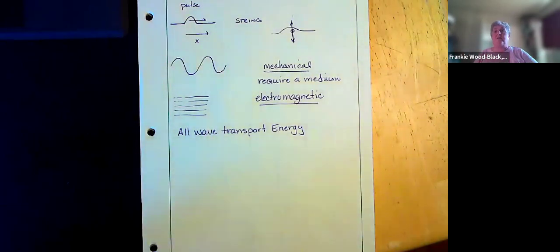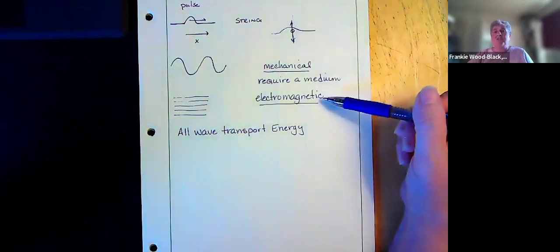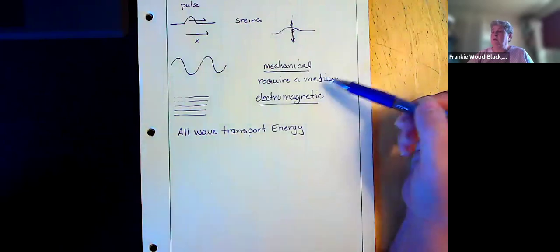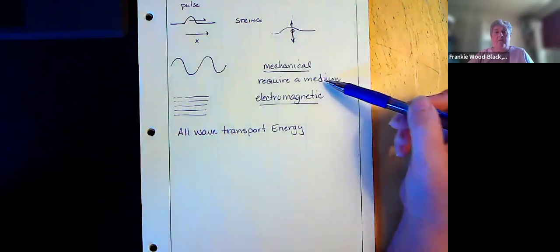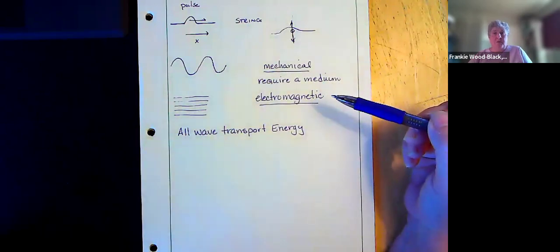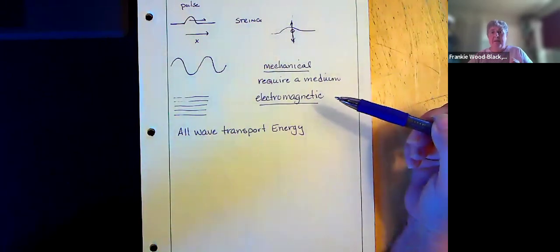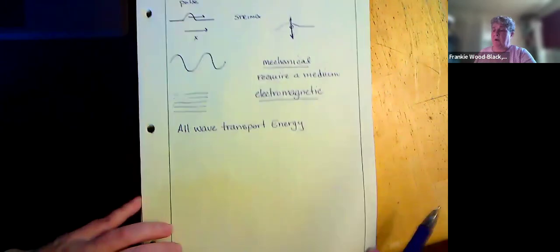All of those things come together, but mechanical waves require mediums. And that's what we're going to be working with for the rest of this week and next week, because we're going to be dealing with sound waves. We're going to be dealing with those mechanical waves.